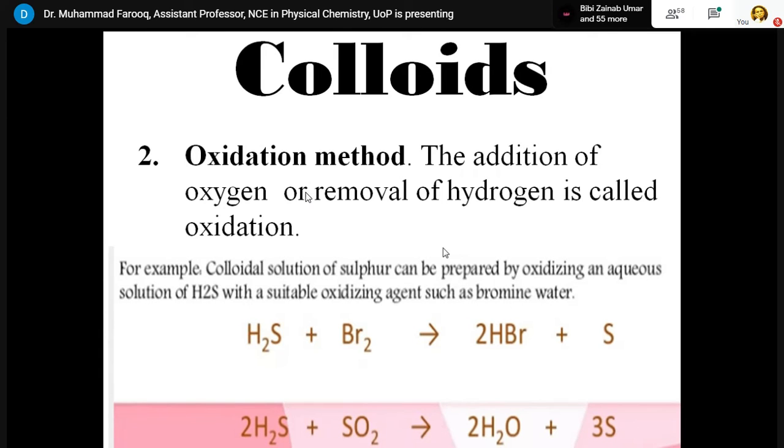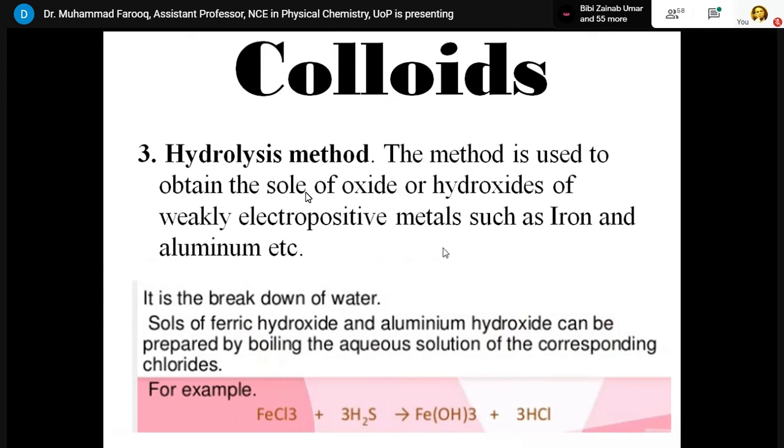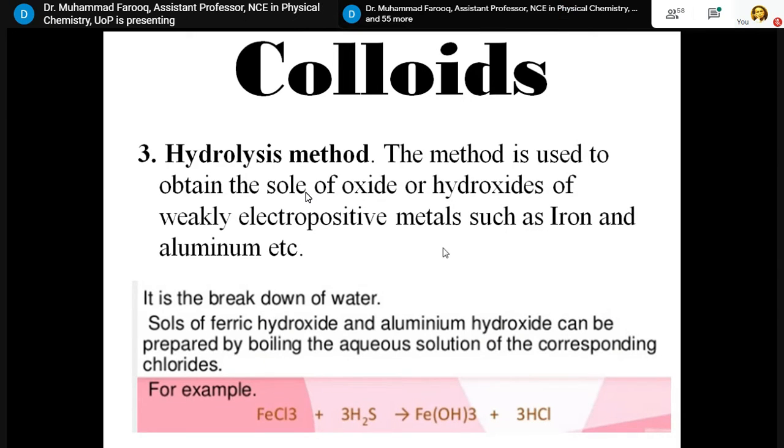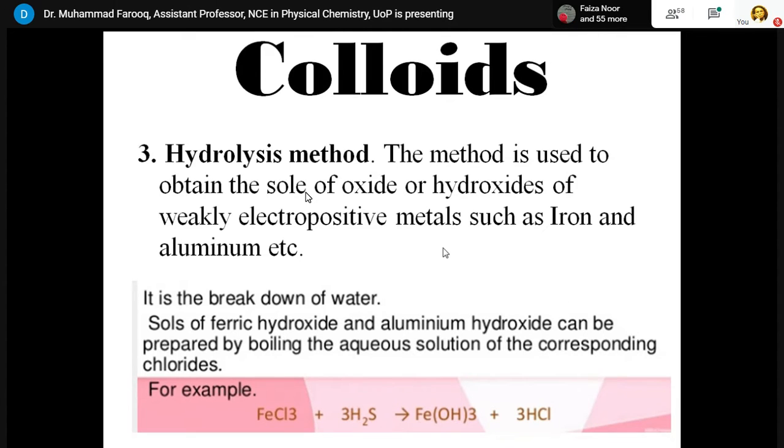Yes, sir. Clear. Okay. Third method is hydrolysis. Hydrolysis, the split up of water molecule is called hydrolysis, in which the water molecule splits up. So this method is used to obtain the sol of oxide or hydroxide of weakly electropositive metal.